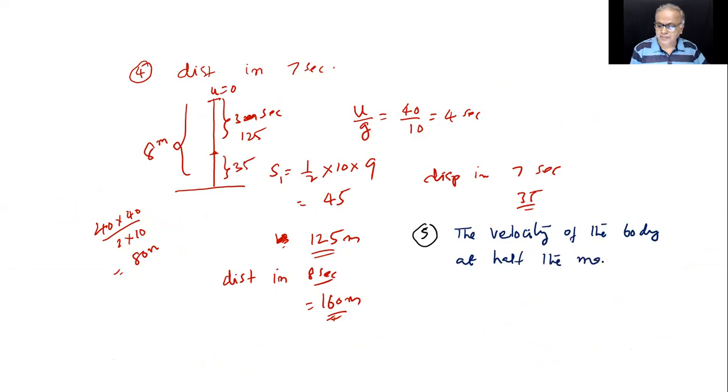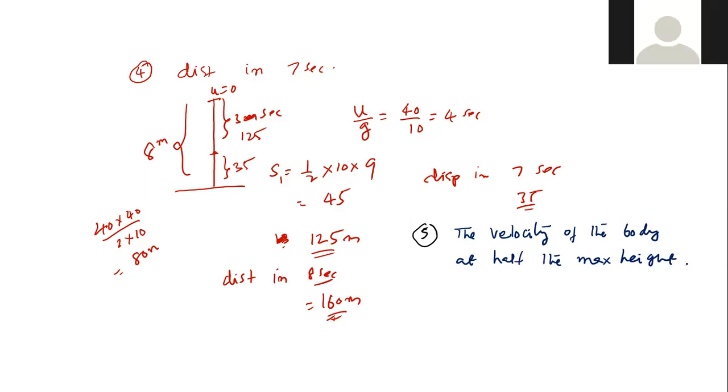Half the maximum height. 0. Amar, yes, sir. Why? Sir, at maximum height, the velocity becomes 0 now, sir. I said at half the maximum height. Okay, sir.